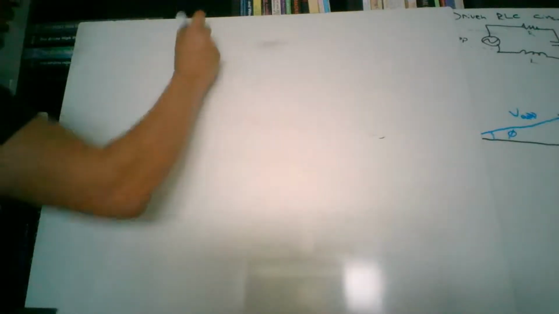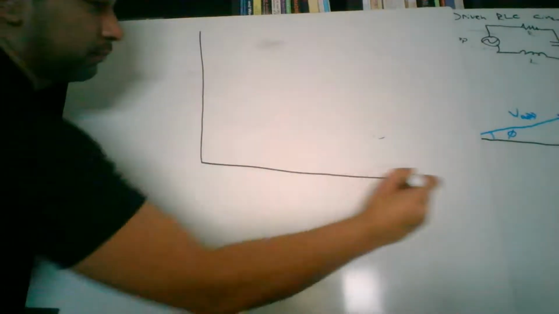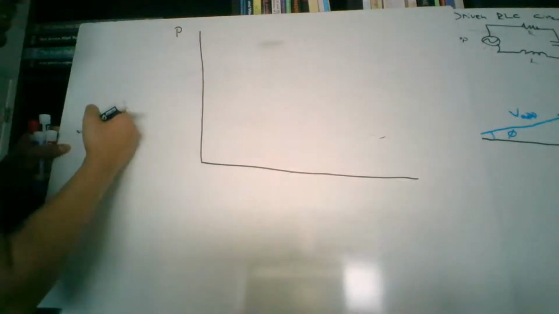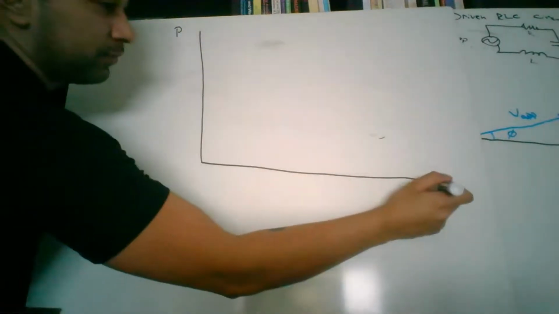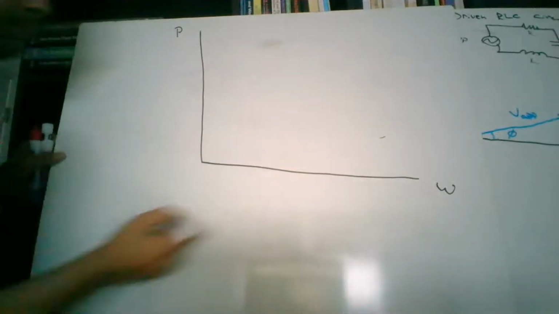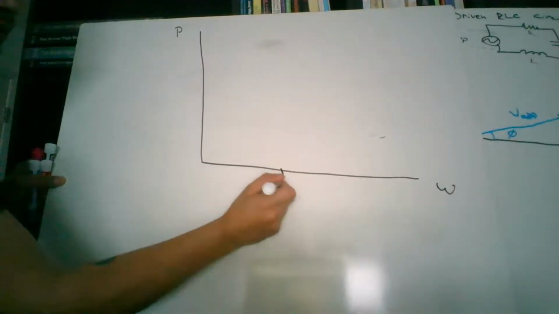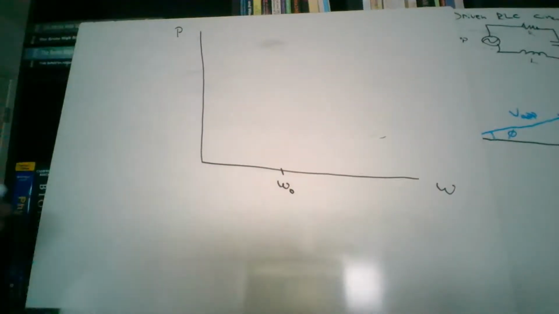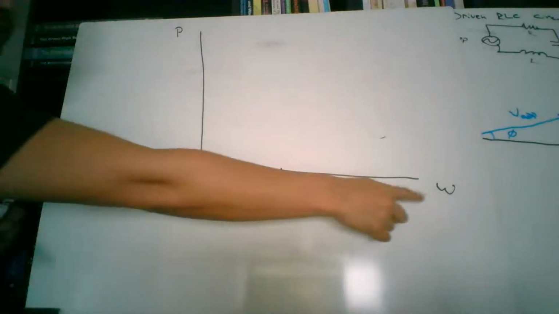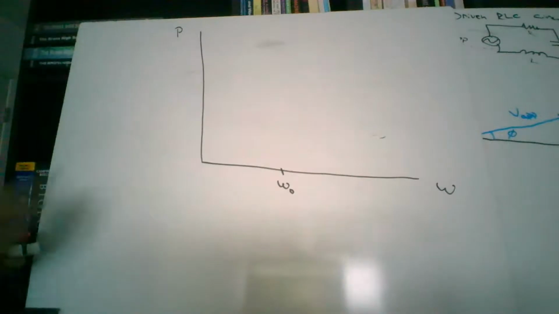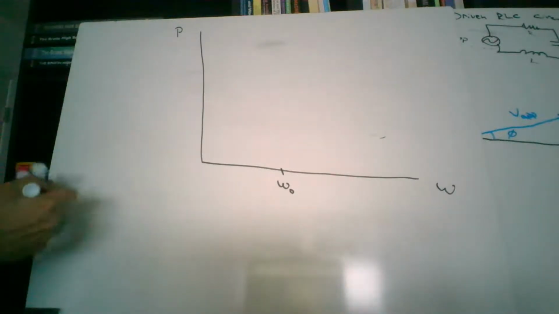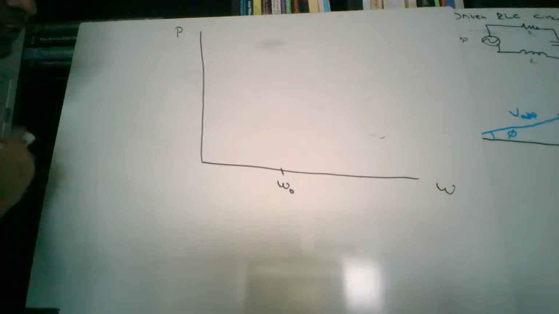So we get a resonance when we look at the power dissipated versus the angular frequency, where this right here is going to be omega naught. The way the power versus the frequency works is you're going to get graphs. Let's say you have a specific R value in your RLC circuit.